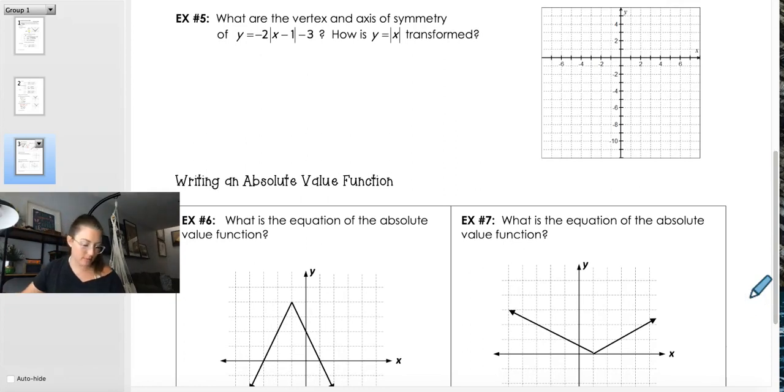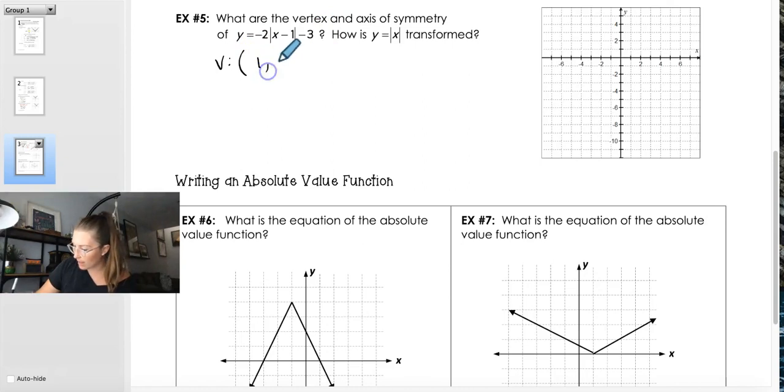Alright, this one's fun. We have a lot of different things that are happening to this. So we're just going to go through it one by one, and you're going to tell me what's going to happen to it. We'll do the vertex first. Vertex, H, K. H is opposite of what you think, K is the same.